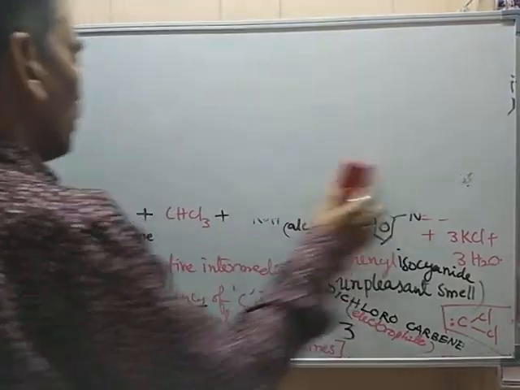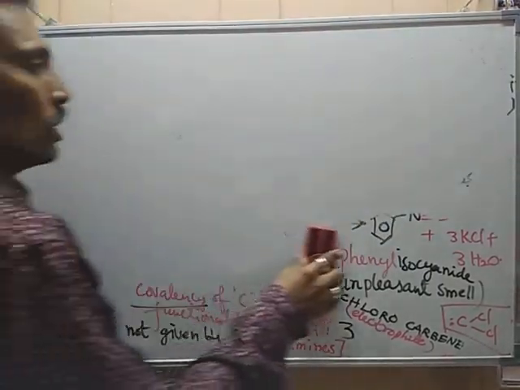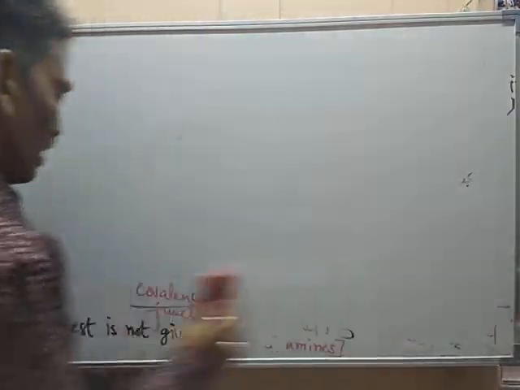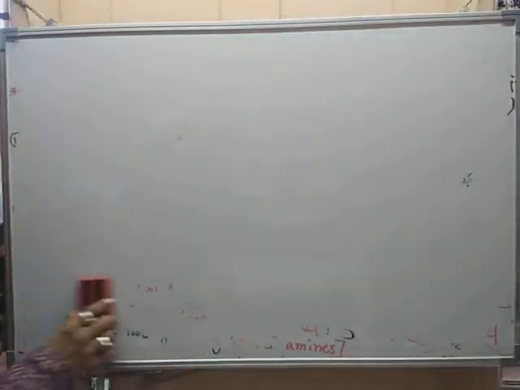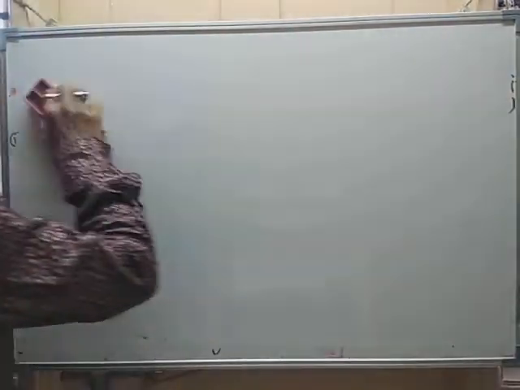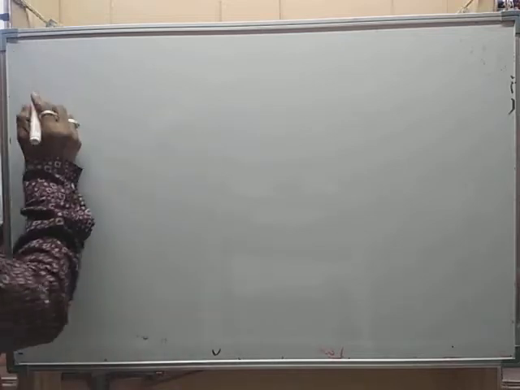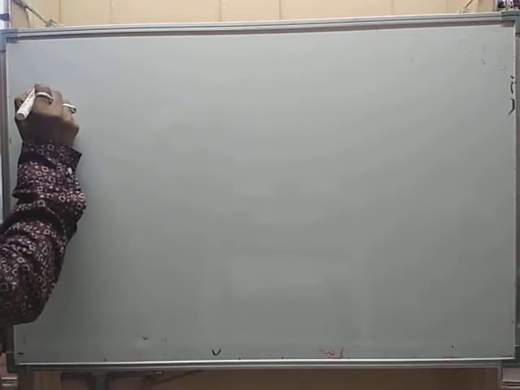So in this carbylamine reaction, which functional group in the reactant changed to a functional group in the product? Primary amine is converted to isocyanide group or carbylamine group. You can create some questions on your own from this information. Next reaction is very simple, that is what we are taking.